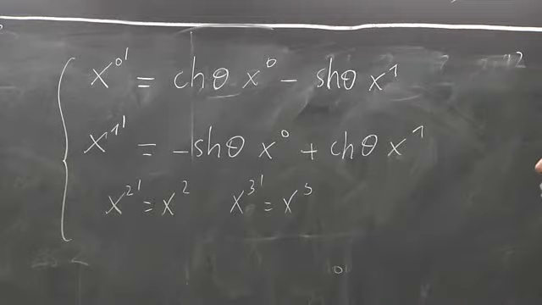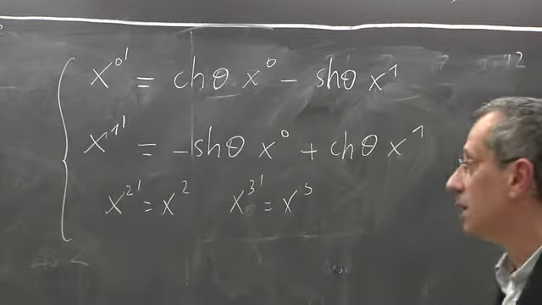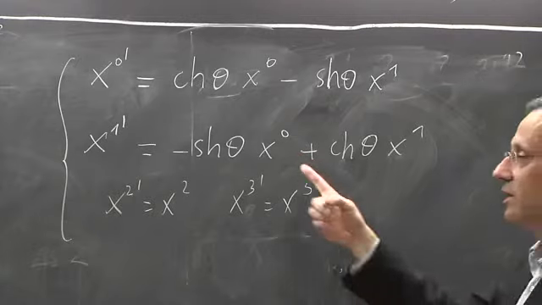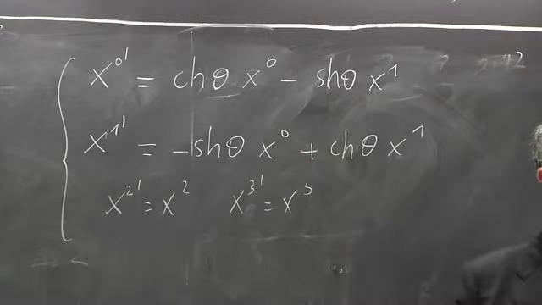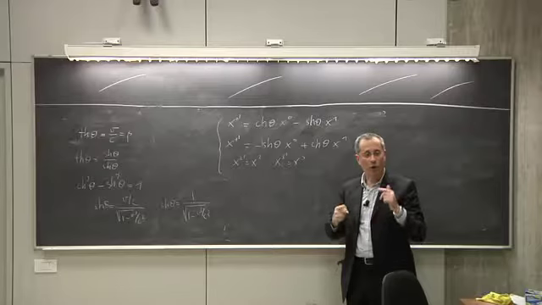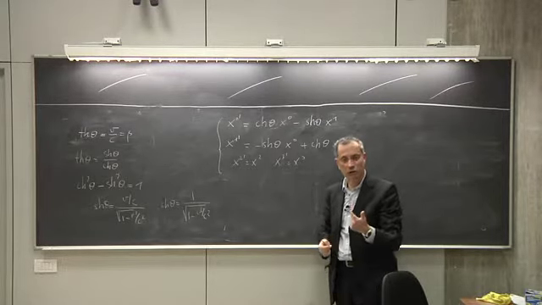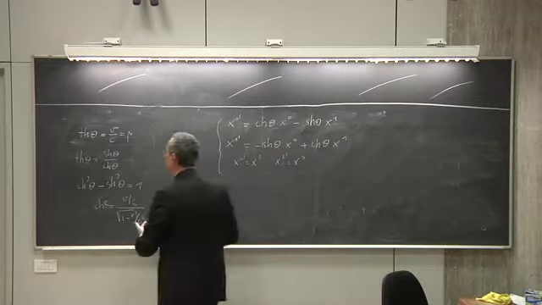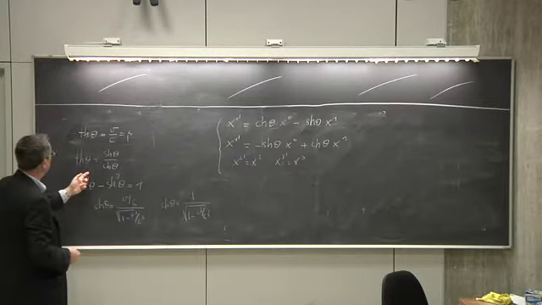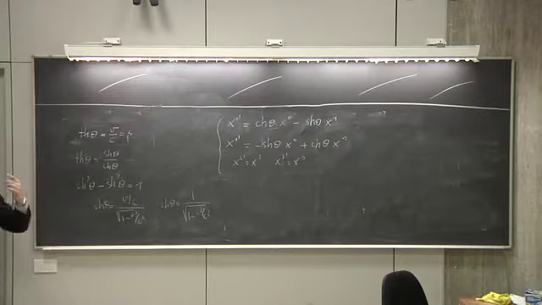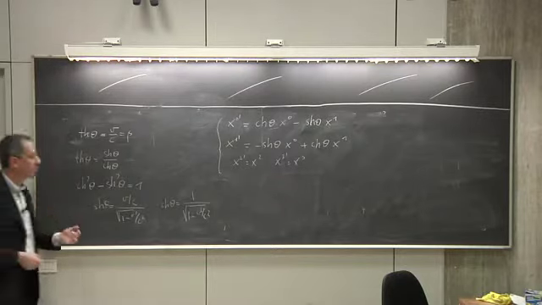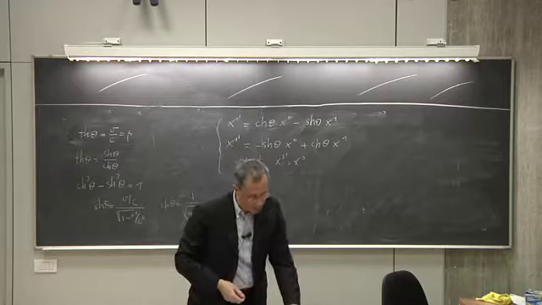So you can write the boost by using this hyperbolic transformation. That's kind of nice because you see, this is like a rotation. So now a Lorentz transformation is a rotation in space-time. But what kind of rotation? It's not the usual rotation because I don't have the sine and the cosine. I have the hyperbolic sine and hyperbolic cosine. So it's a little bit different.